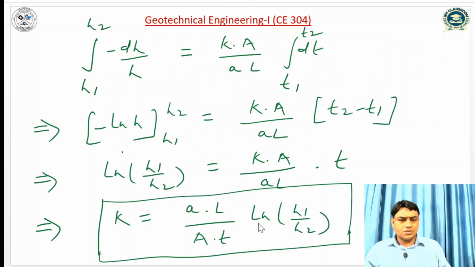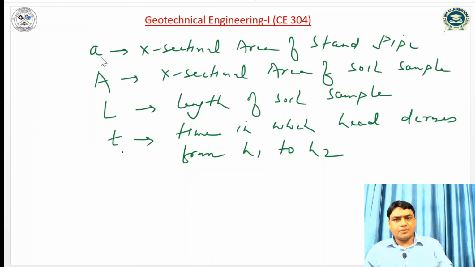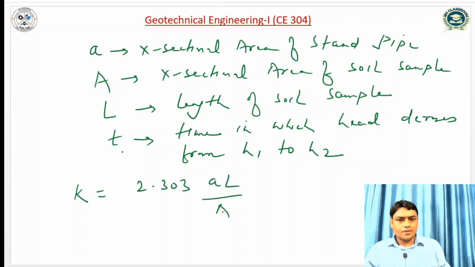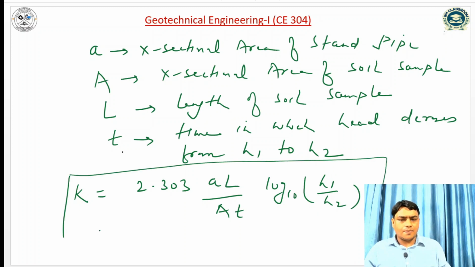So this is the expression of coefficient of permeability by falling head method, or K can also be written as 2.303 aL by AT log 10 H1 by H2. Remember that if you apply 2.303, then it will be in log 10.